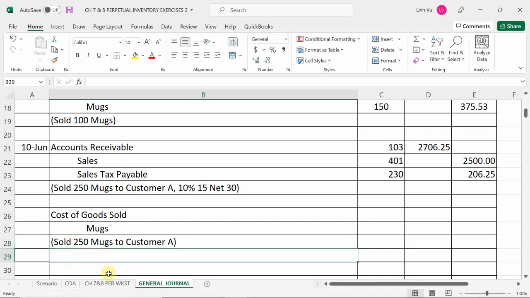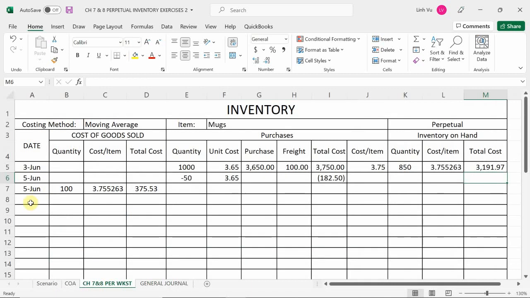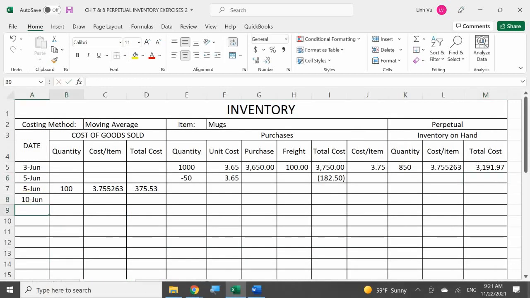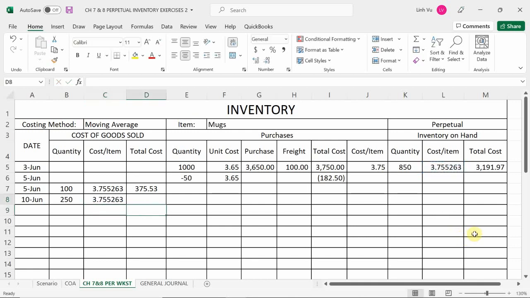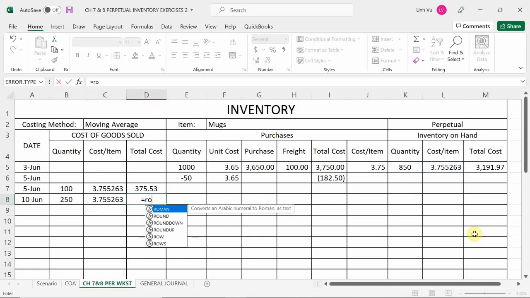So let's go ahead and figure that number out. If I sold on June 10, 250 mugs at how much? What's my cost per item? 375.63. Okay. So then what's my total amount, what's my total cost of goods sold?